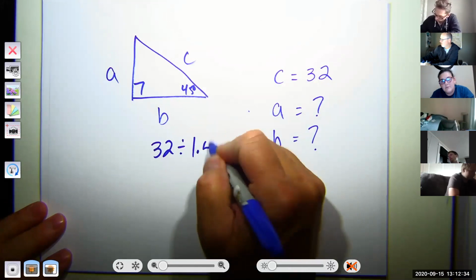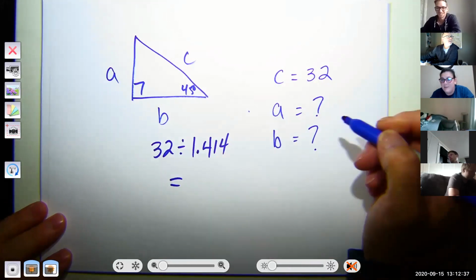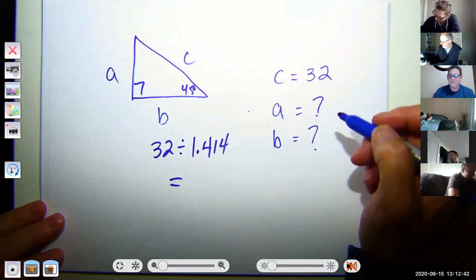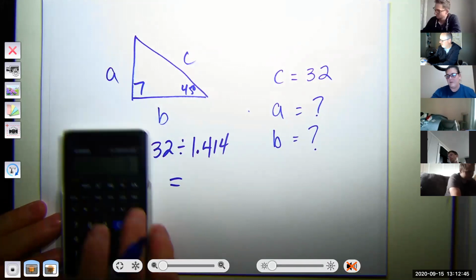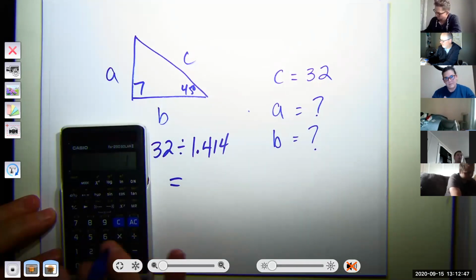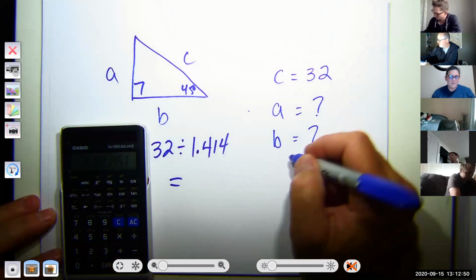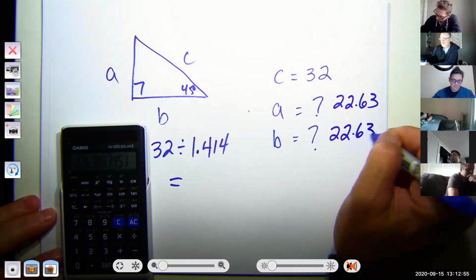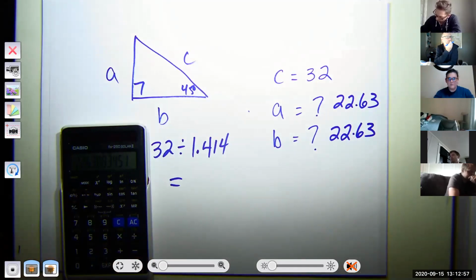That is exactly correct. So 32 divided by 1.414 equals 22.63. And they're both the same. A and B are always the same on a 45-degree right angle triangle. The rise and the run are always the same. Cool, we're getting there, huh? Not too bad.